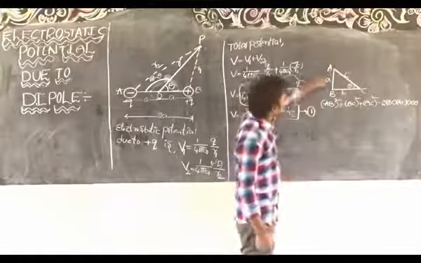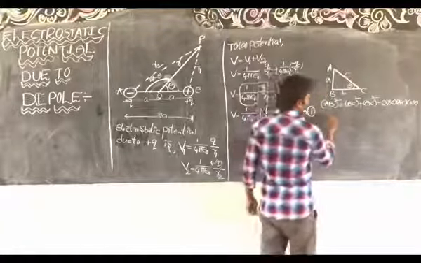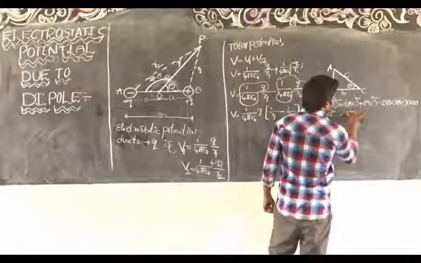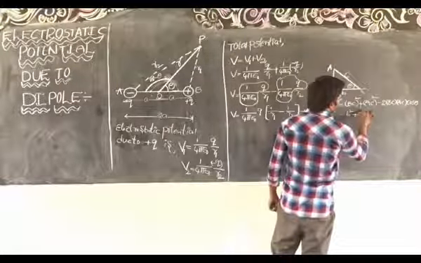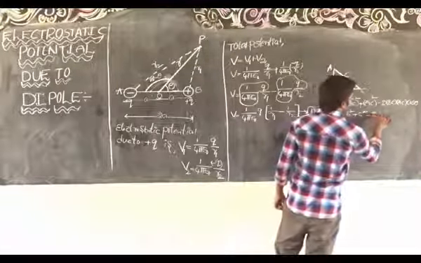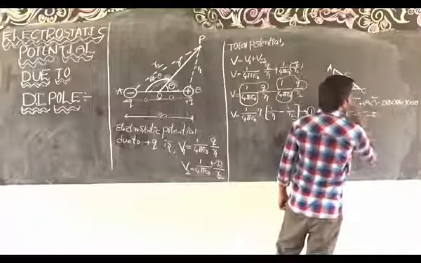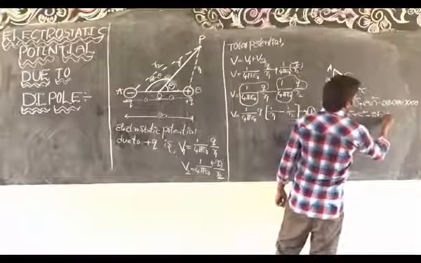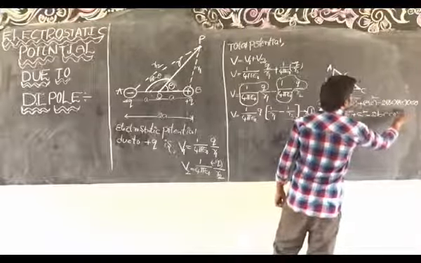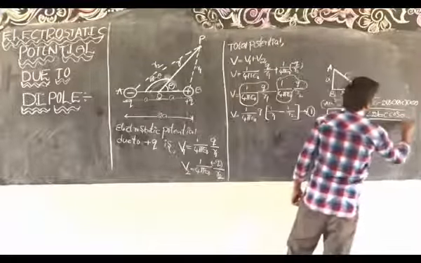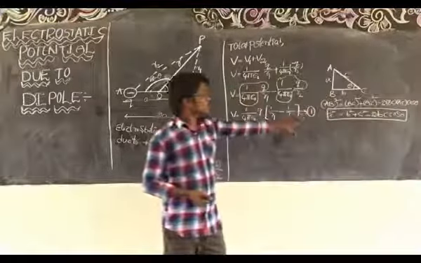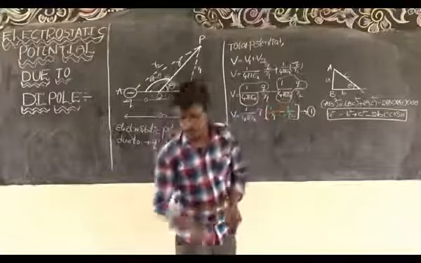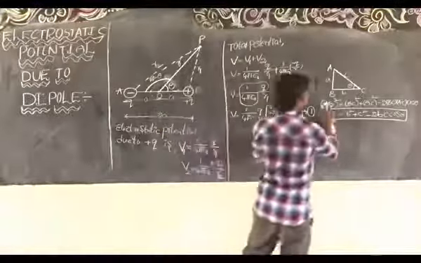So here AB means small a, substitute it. a square is equal to BC means small b square plus AC means small c square minus 2 into b, c, cos theta. This is the cosine law formula. I hope you understood. Otherwise, you can take one more side also.